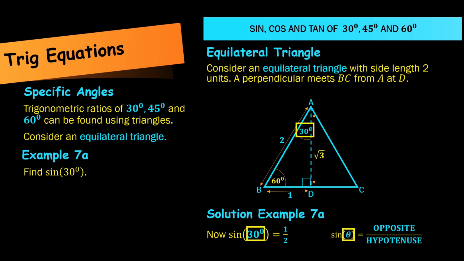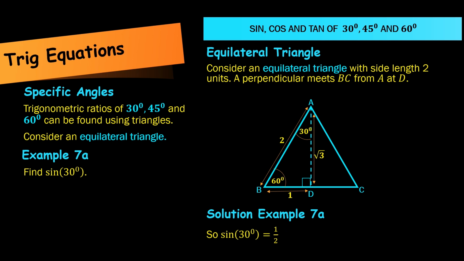So here's theta, which is 30 degrees in our example. Here's the side opposite to theta, which has length 1, divided by the hypotenuse, whose length is 2. And so sine 30 degrees equals a half.